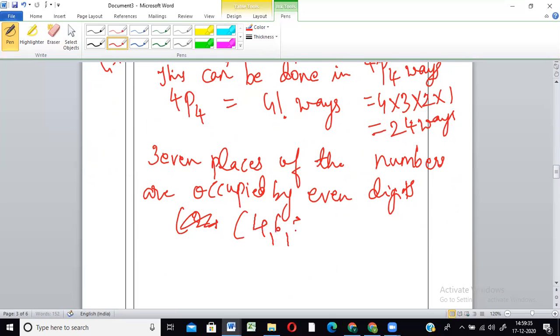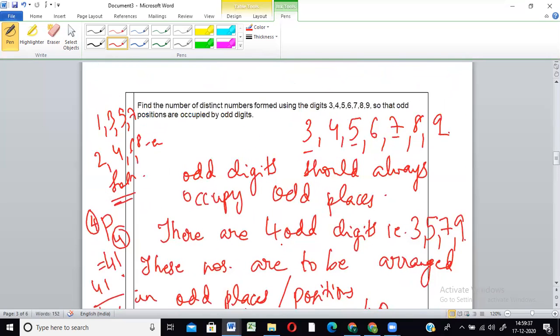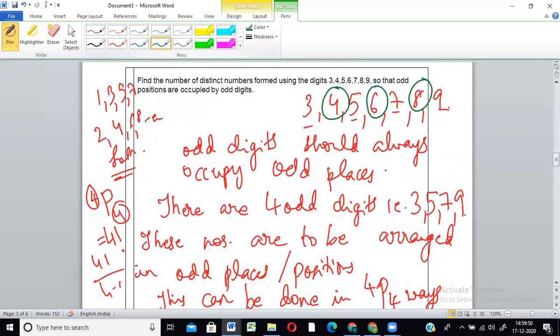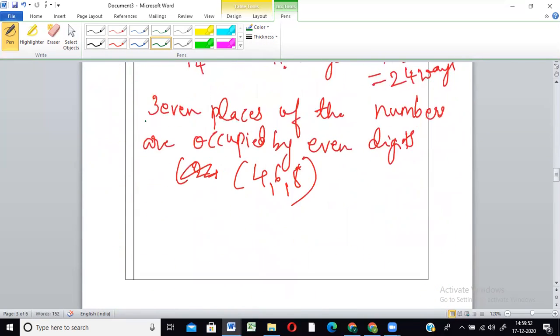So 4, 6, and 8, right? Yes, in these digits we have starting only from 3, 3 to 9. So the remaining digits are nothing but 4, 6, and 8. Okay. So now these things we're going to arrange.